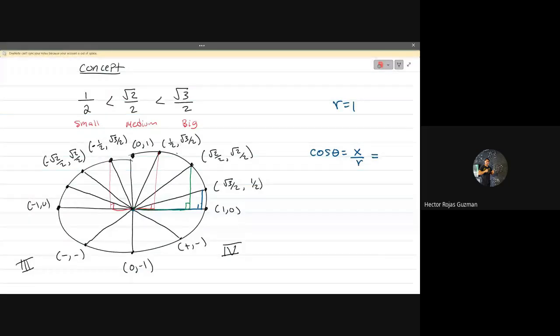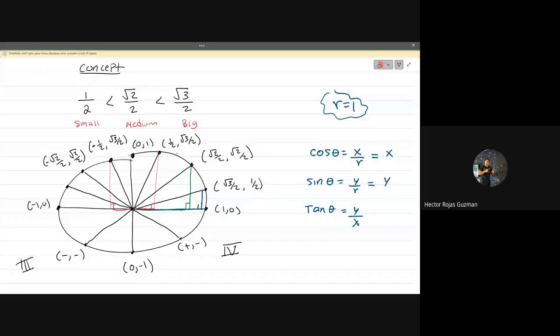Cosine of theta simplifies to simply the x coordinate. Sine of theta is y divided by the radius, but that one simplifies to y for the same reason. And then finally, tangent of theta equals y over x.